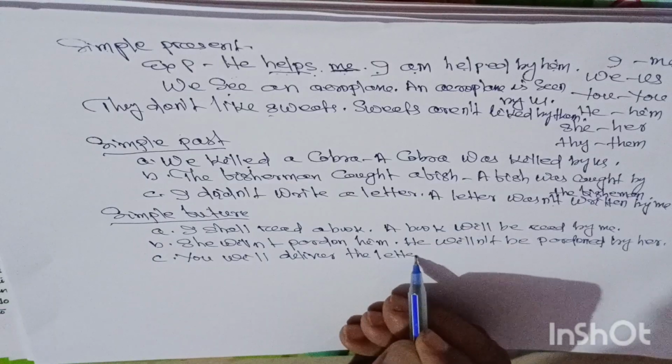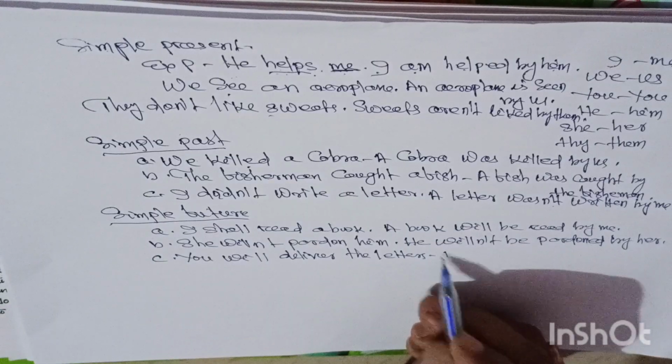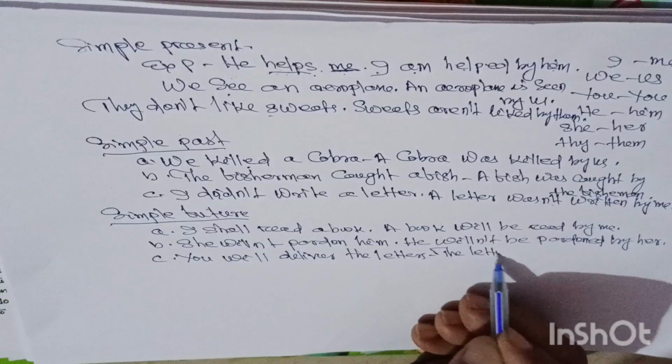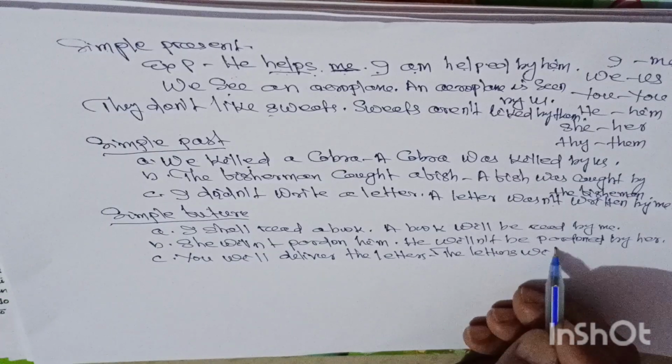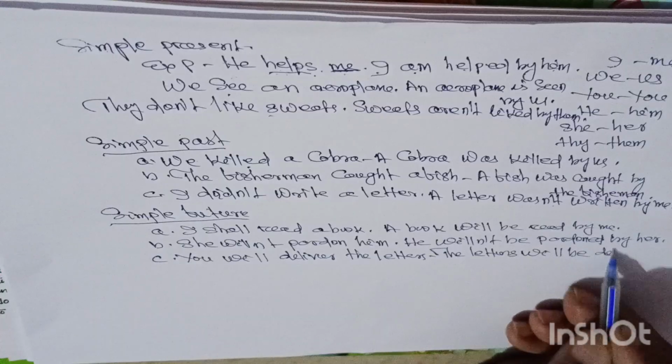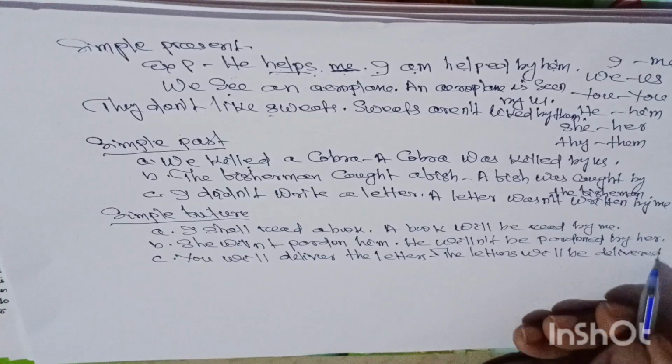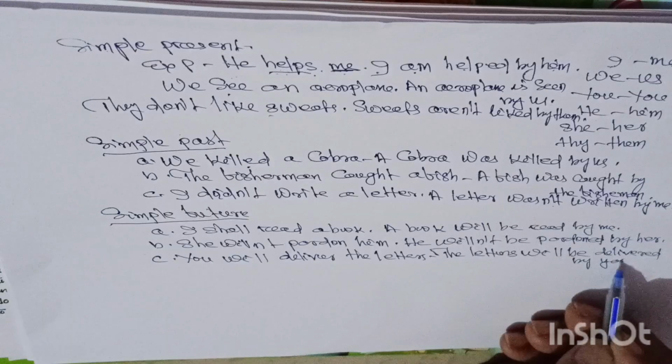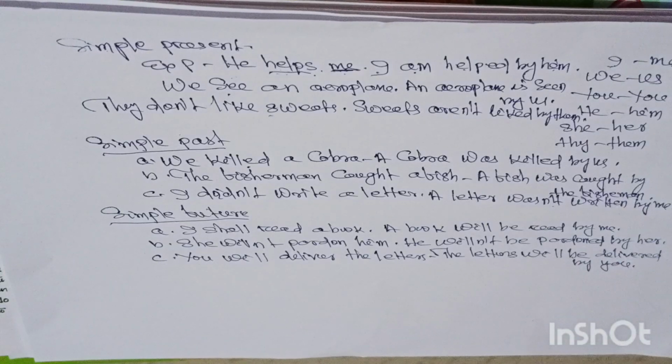Here the object is letters. So you put the letters first. The letters will be delivered by you. In this way, you change active voice into passive. So you remember those rules and change into passive. You can easily understand from the examples how the sentence of simple form of any tense changes to passive.